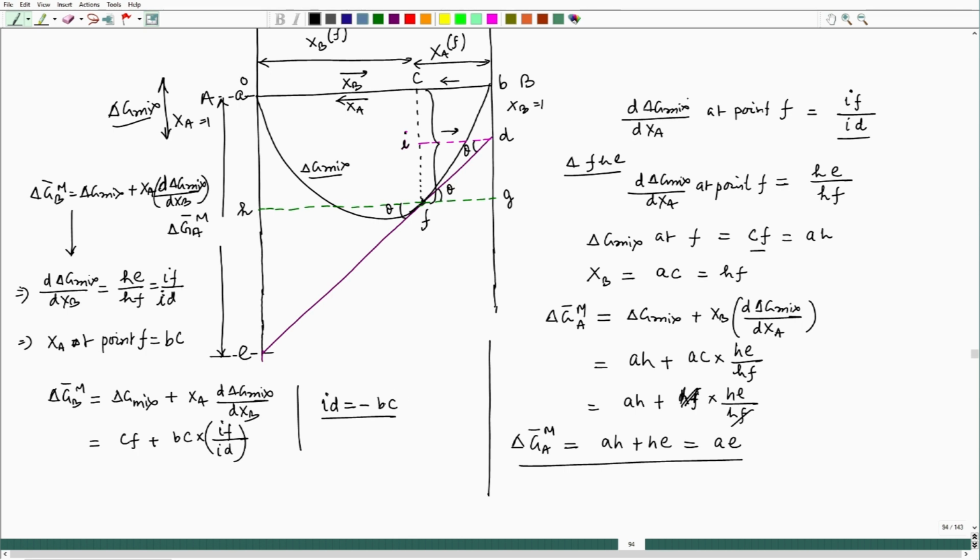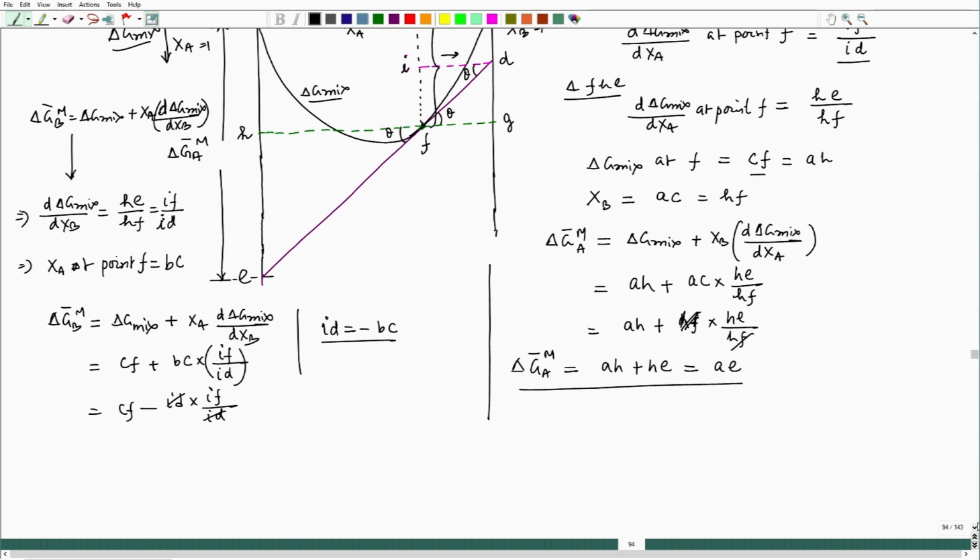Okay. So, when we try to take Xa, say we have to take Xa equal to 0 to whatever value we are getting at point F. So, that means it should be minus. So, then I can write equal to Cf minus Id into If divided by Id. So, these should get cancelled. So, then it becomes Cf minus If.